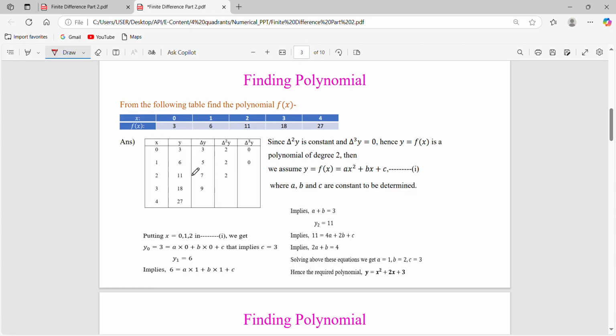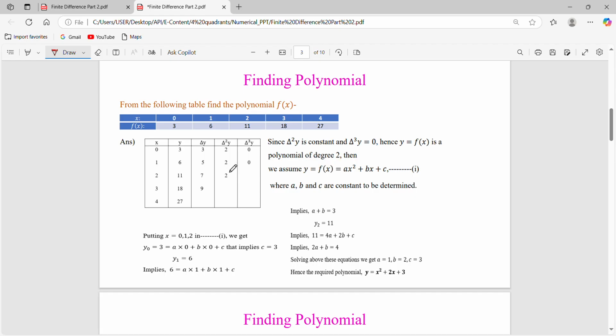Now first we have to find the difference table. So 6 minus 3, 11 minus 6, 18 minus 11, 27 minus 18. Same way Δ²y: 5 minus 3, 7 minus 5, 9 minus 7. So 2, 2, 2 and here 0.